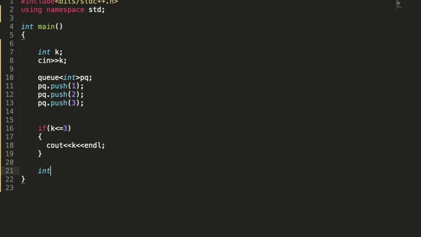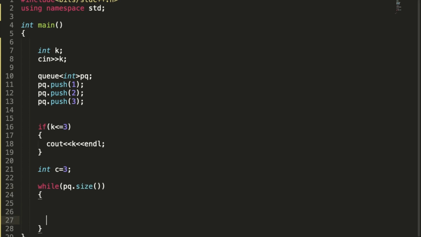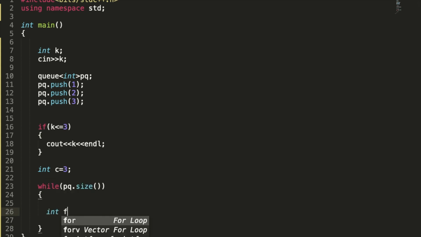And we have to take a count. Okay, so count will tell us whether we have reached our endpoint or not, whether we have reached the kth number or not. So I will be doing while pq dot size, and I'm going to take out the first number from the queue.